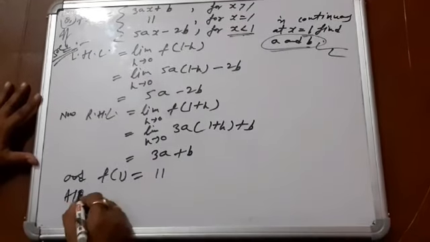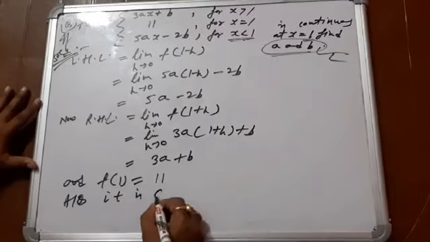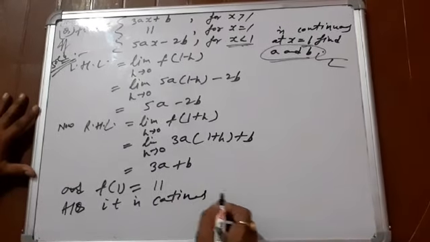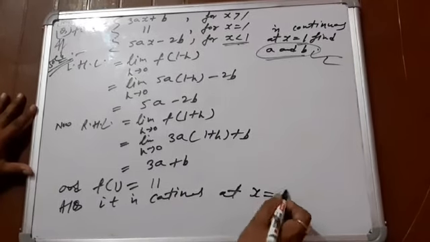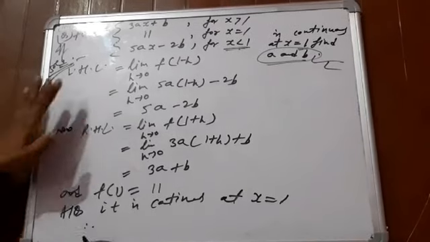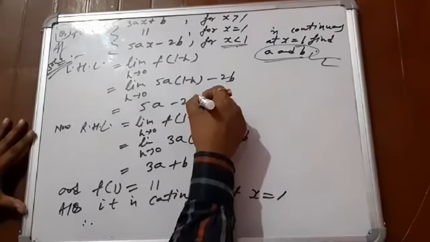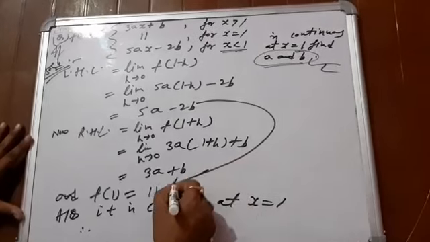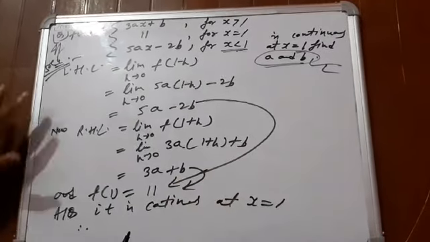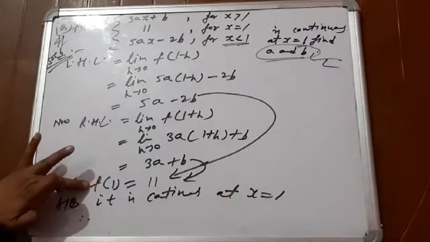Now according to the question, it is continuous at x equal to 1. Therefore LHL equal to the value of the function equal to RHL, which is 11.